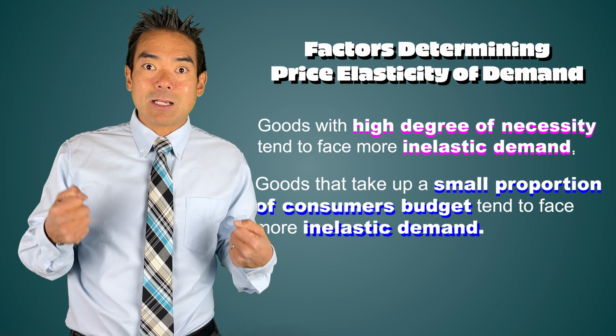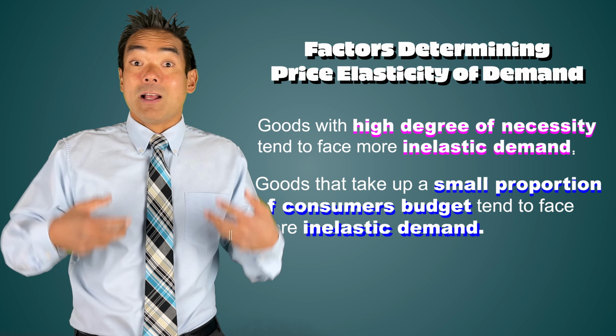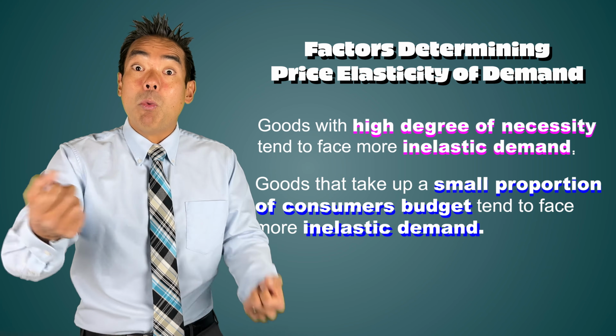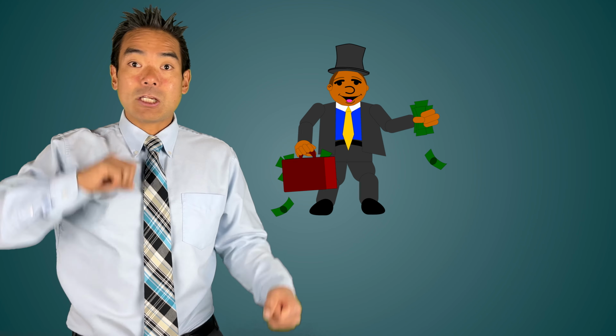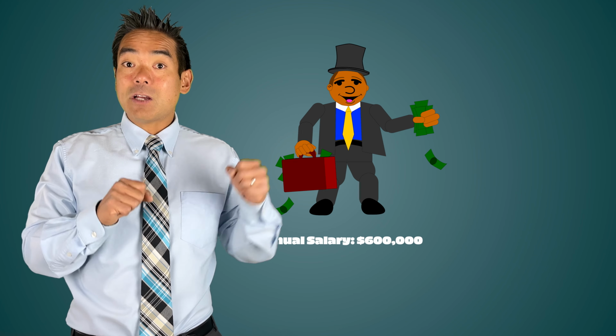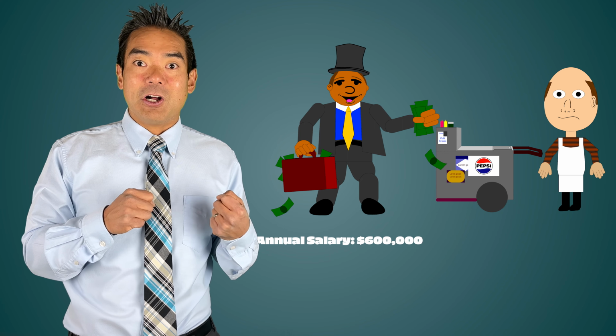If it's a product that takes a much larger proportion of one's income, then we would expect consumers to be more sensitive to changes in price and demand to be more elastic. We could also consider two different types of consumers: an investment banker who earns $600,000 a year and a service worker who earns $30,000 a year.